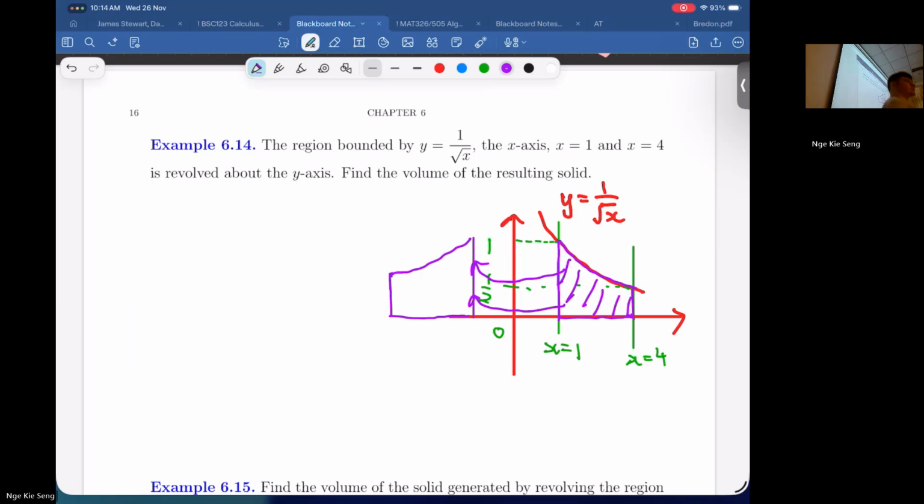Does it make sense? Can anyone picture what this is? Is there any real life object that looks like this?